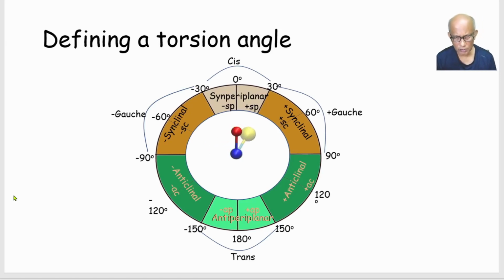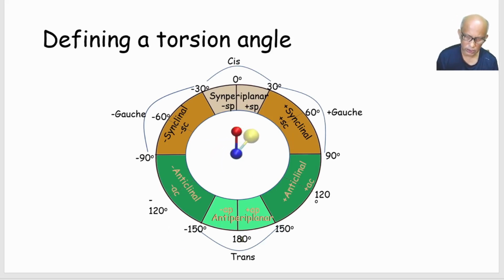Now in biophysics, the clockwise direction is considered to be positive. So when these 4 atoms are in a plane, and this atom is exactly in front of the other atom, I have chi value as 0 degrees. And then as it goes around this way, it comes opposite, it becomes 180 degrees.